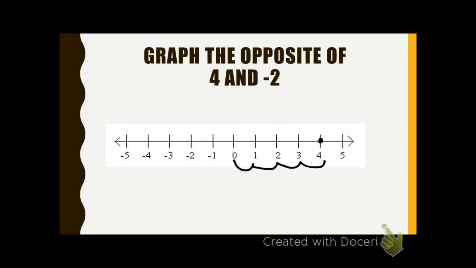I'm going to go to 0 again and go the opposite direction. And I am at -4. Now, you don't have to mark it on a number line as long as you know that the opposite of a +4 will always be a -4. The opposite of a -2 will always be a +2. All right?